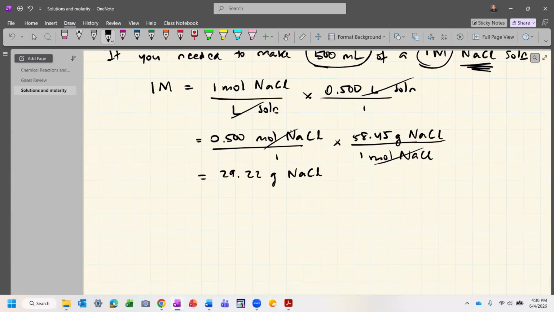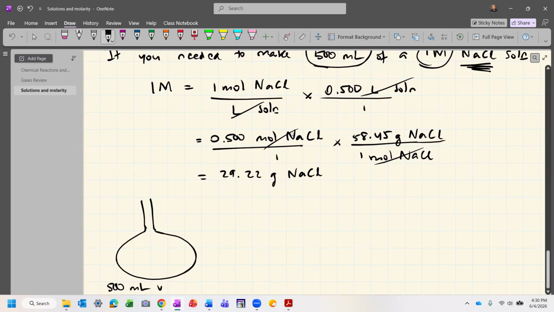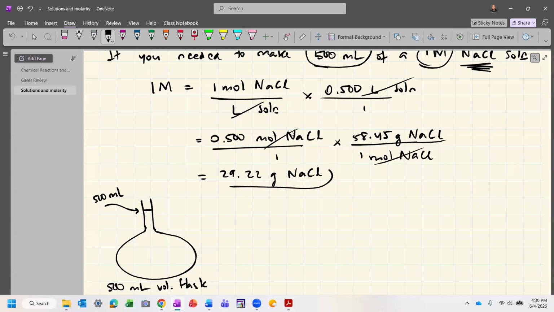So what I would get is a volumetric flask, something that looks like this, a 500 mL volumetric flask, a flask that can measure only up to 500 milliliters. I'm going to weigh out my 29.22 grams of NaCl.